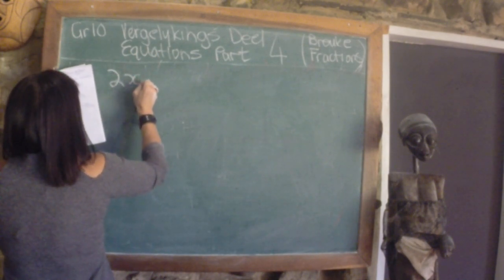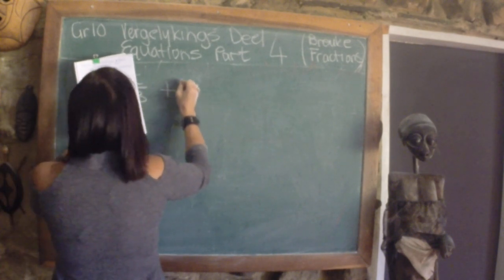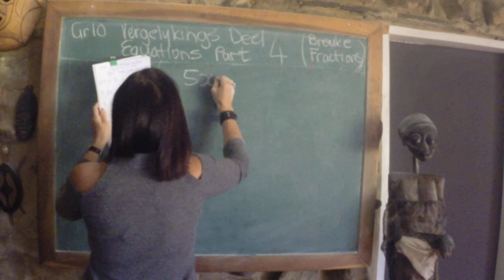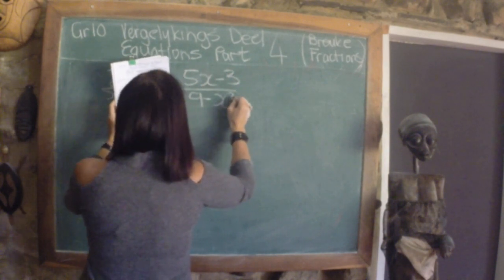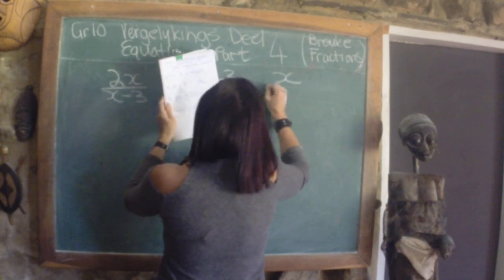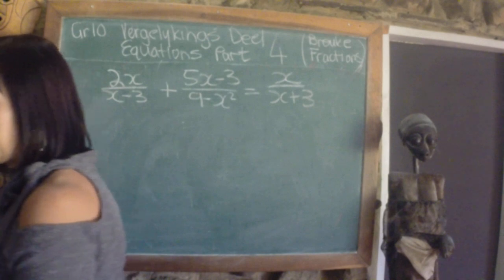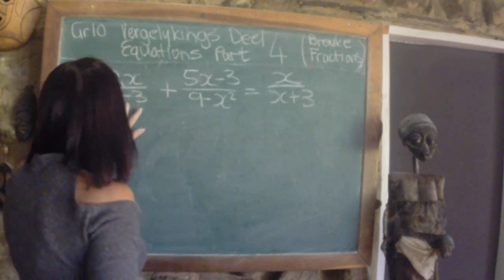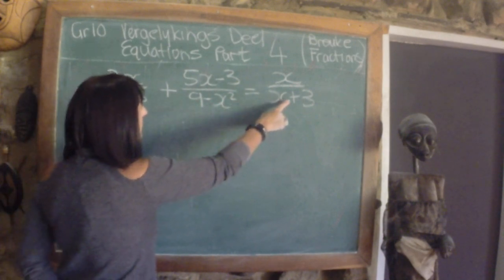We've got 2x on x minus 3. Then we've got plus 5x minus 3 on 9 minus x squared equals x on x plus 3. First thing, let's scan our denominators, ons noemers, om seker te maak hulle is gefaktoriseer.